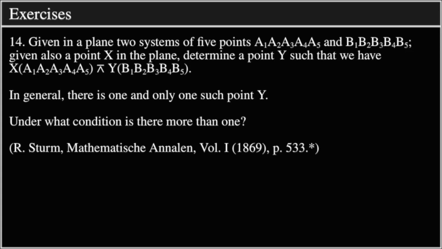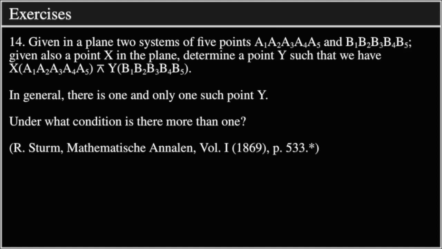14. Given a plane, 2 systems of 5 points, A1, A2, A3, A4, A5, and B1, B2, B3, B4, B5, given also a point x in the plane, determine a point y such that we have x with A1, A2, A3, A4, A5 projective with y of B1, B2, B3, B4, B5.